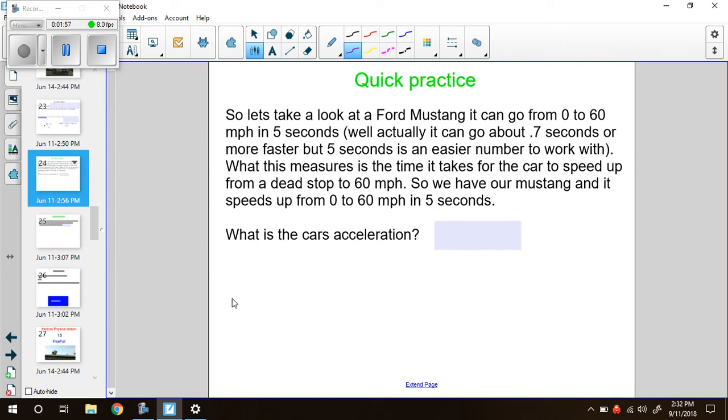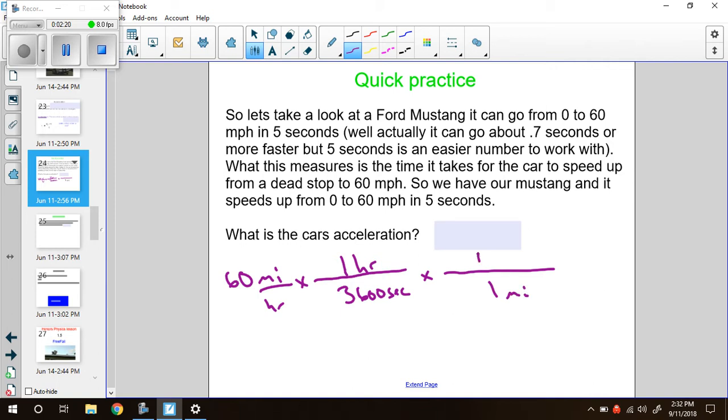First thing you could do is convert the 60 miles per hour into meters per second. So for every 1 hour, there's 3,600 seconds. For every 1 mile, there's 1,609.3 meters.